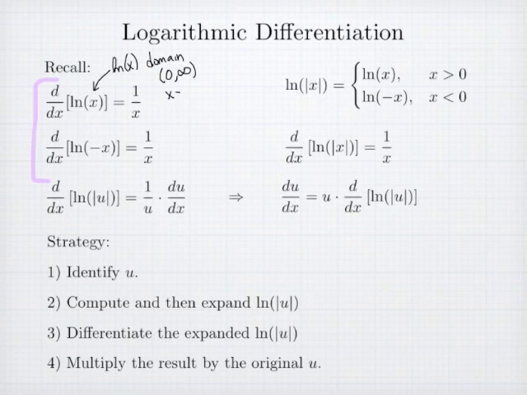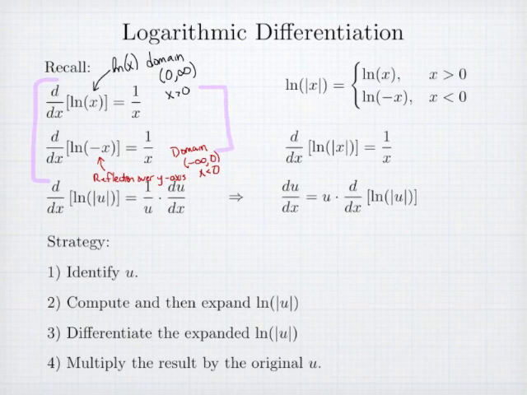In other words, my input has to be greater than 0. When I take the logarithm of negative x, this negative creates a reflection across the y-axis. And so the domain of this second problem is actually the negative numbers, where x has to be less than 0.